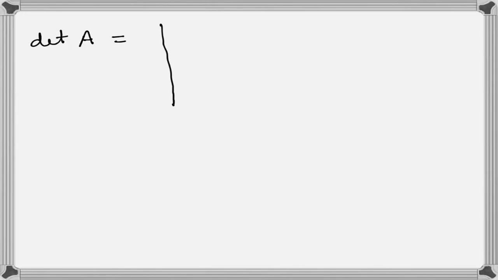First row: 1 plus 2 alpha plus alpha square, 1 plus 4 alpha plus 4 alpha square, third one is 1 plus 6 alpha plus 9 alpha square.